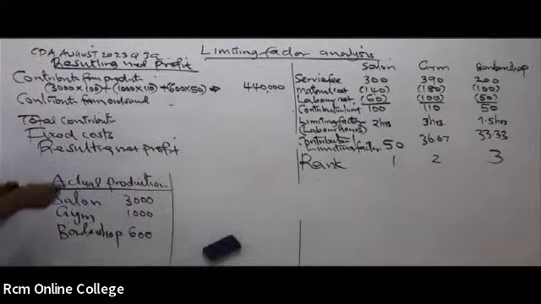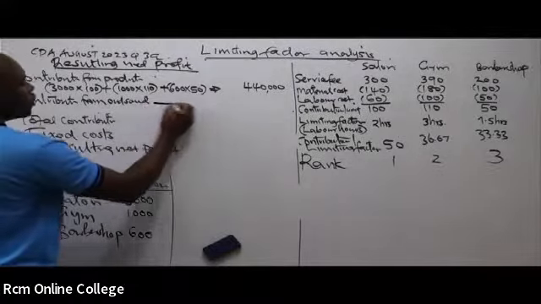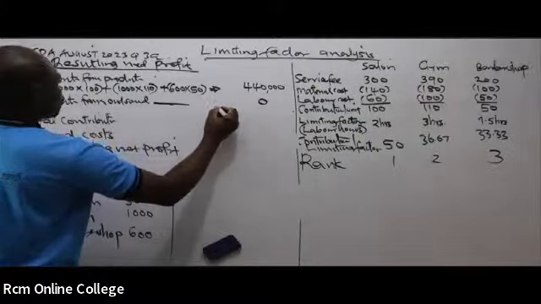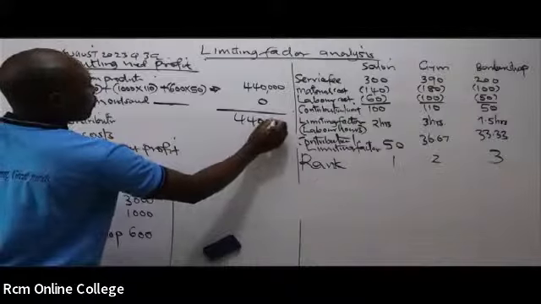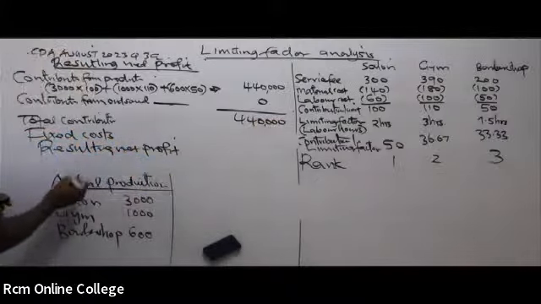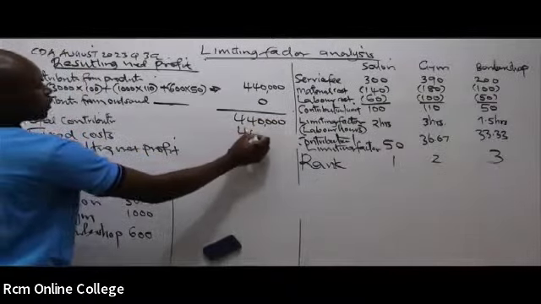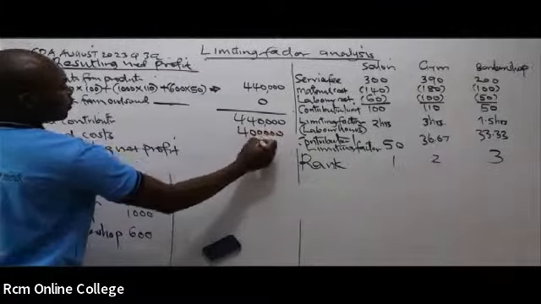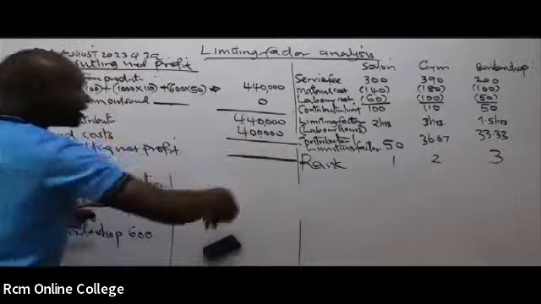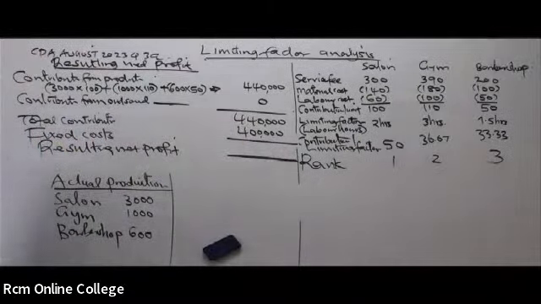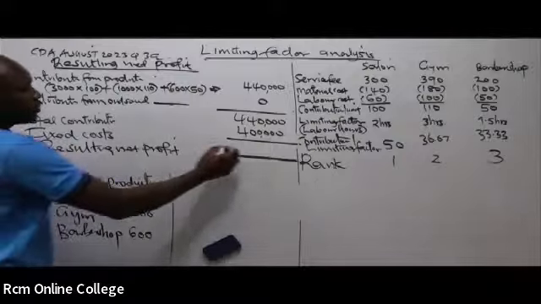So contribution from outsourced, since that was not given, is a 0. So total contribution is 440,000. Then we less fixed cost of 400,000. What is the resulting net profit as per this question? Kalui, what is the resulting net profit as per this question? It is 40,000.